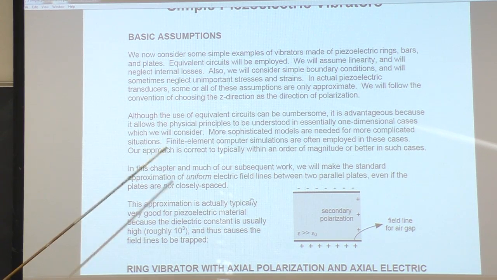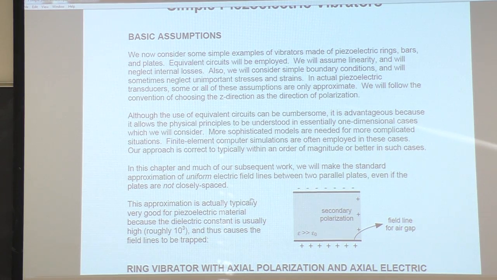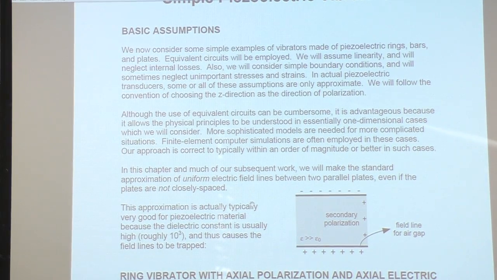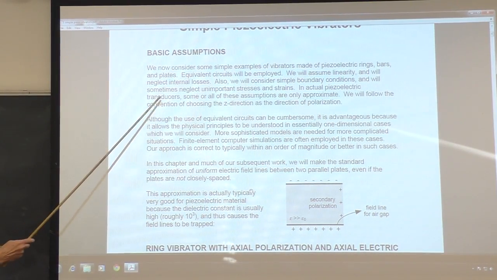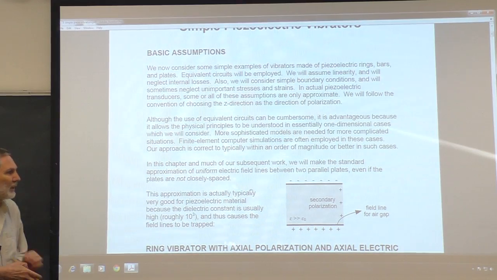Okay. So we're going to go through a number of examples in this chapter, different geometries of vibrators. Vibrator is another word for a projector, something that's emitting sound. We're going to make extensive use of equivalent circuits, and of course everything's going to be linear. We'll assume that. We're going to neglect internal losses, although Brian slips it in.